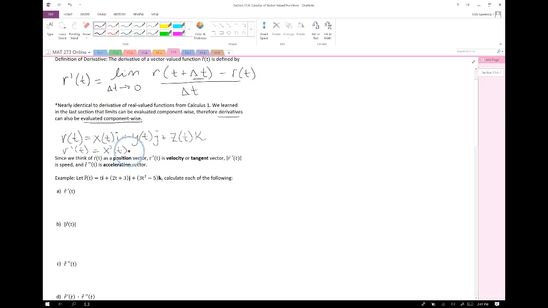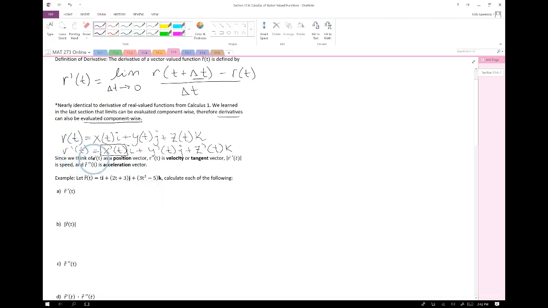So x prime of t i plus y prime of t j plus z prime of t k. So these derivatives are the exact same types of derivatives we would take in Calculus 1 because each of these individual component functions is its own kind of self-contained function of one variable.